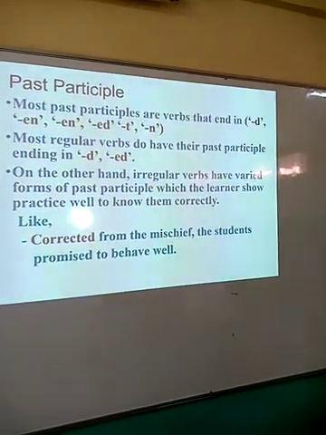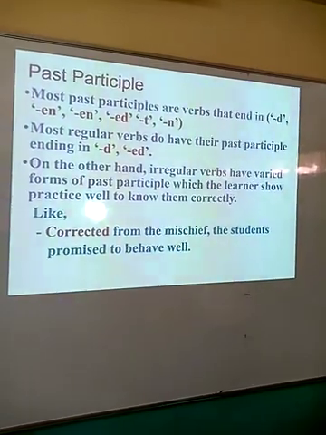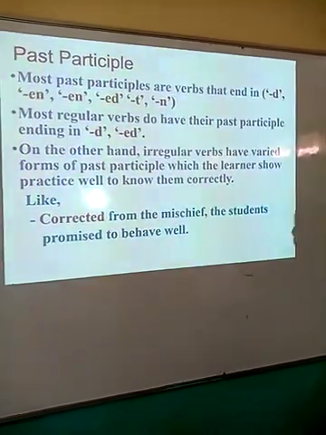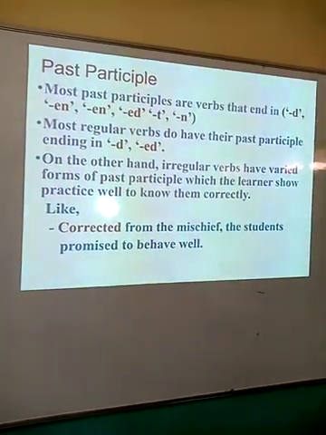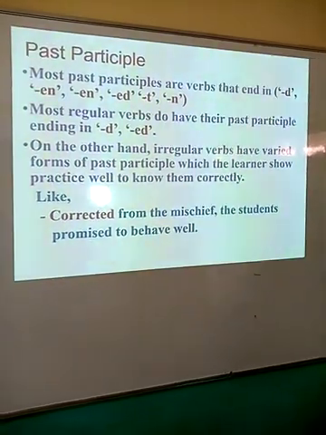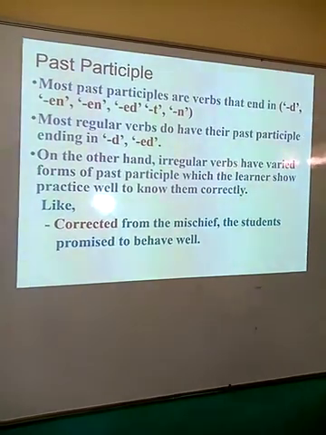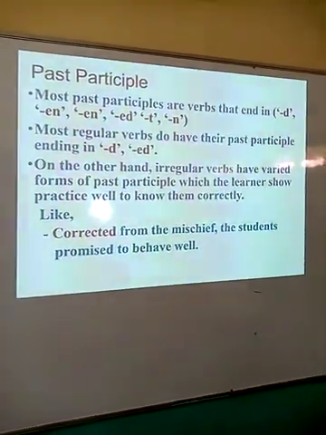Most of these regular verbs have their past participle in a fixed form, in that it is either d or ed. On the other hand, we have irregular verbs that have varying forms of past participle, which the learner should practice well to know them correctly.